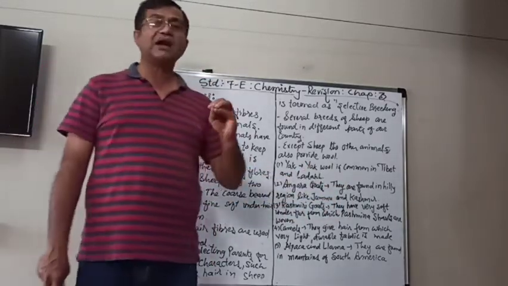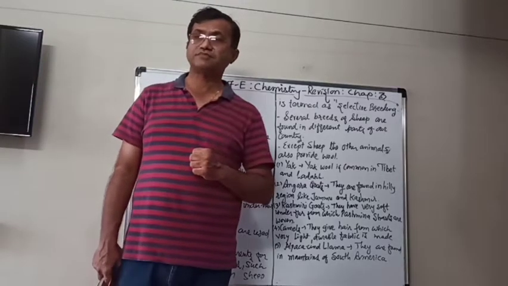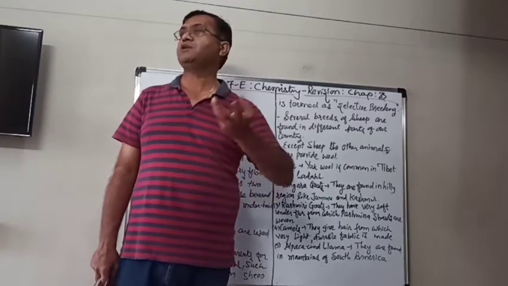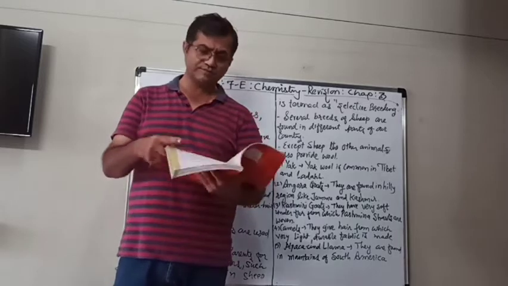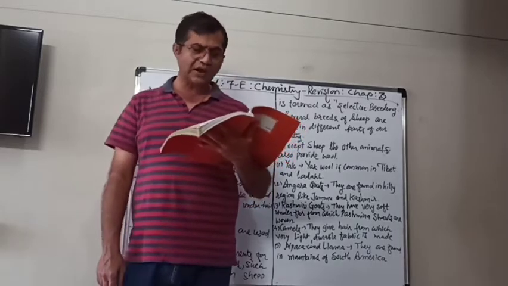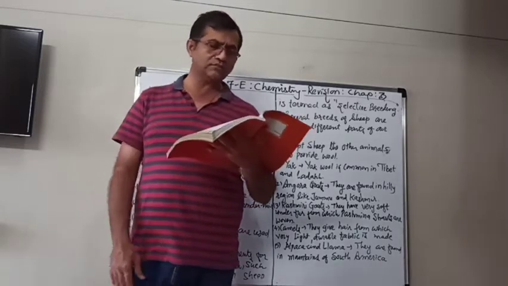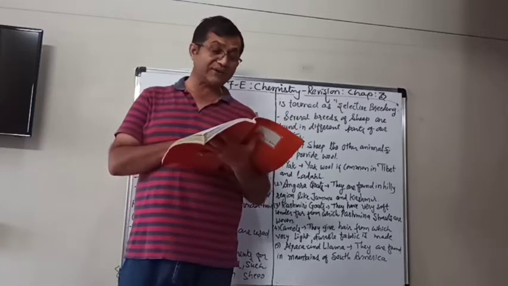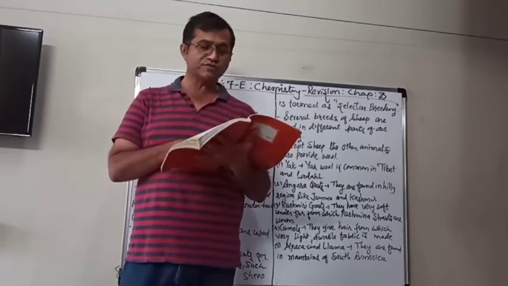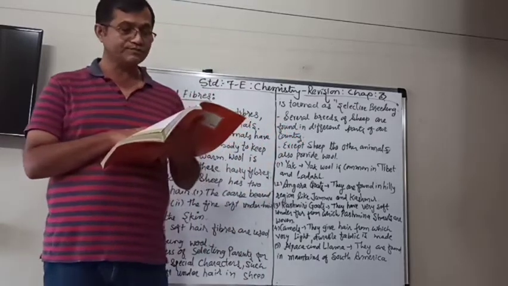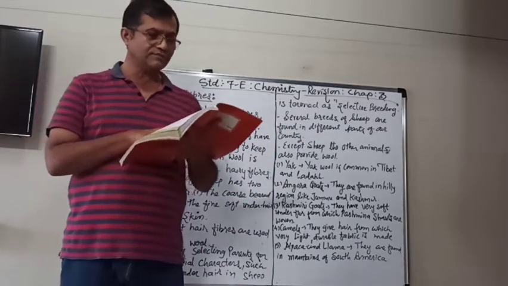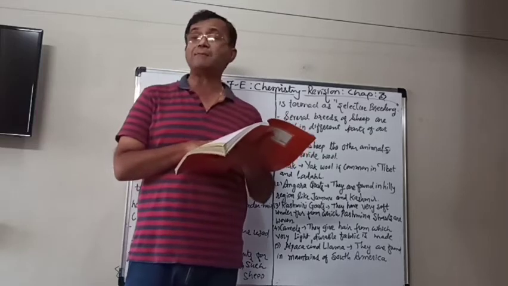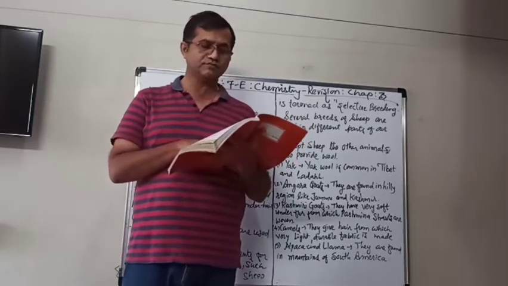Then other are the camels. Camels are generally found in the desert area, and they also have some hair. The fur of the body of camels is also used as wool. And then other are the llama and alpaca.